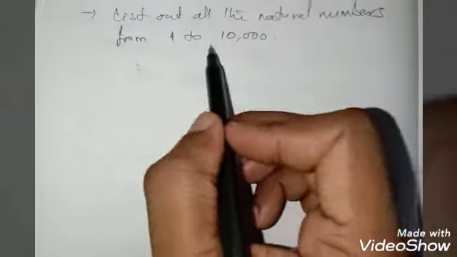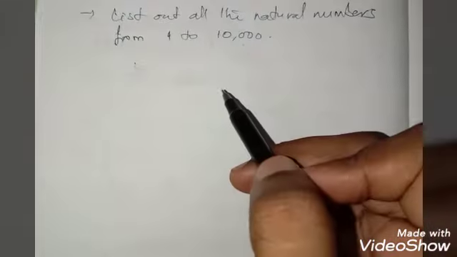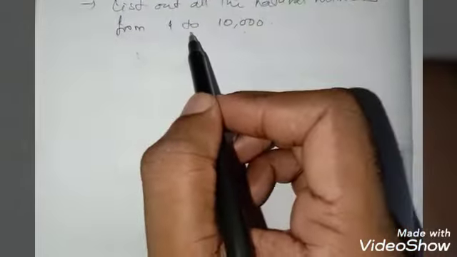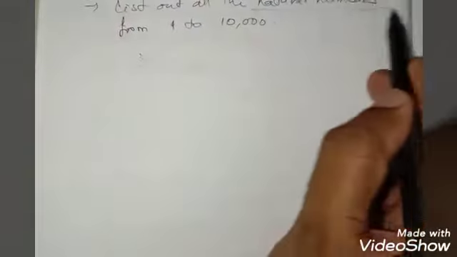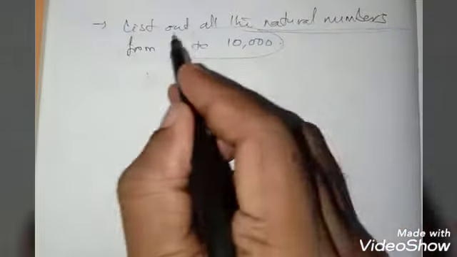I cannot write 1 to 10,000 in a normal set, sir, because it would take very long and it's a huge procedure. So instead we use set builder form. Here natural numbers is the representative or property, and the numbers are 1 to 10,000.